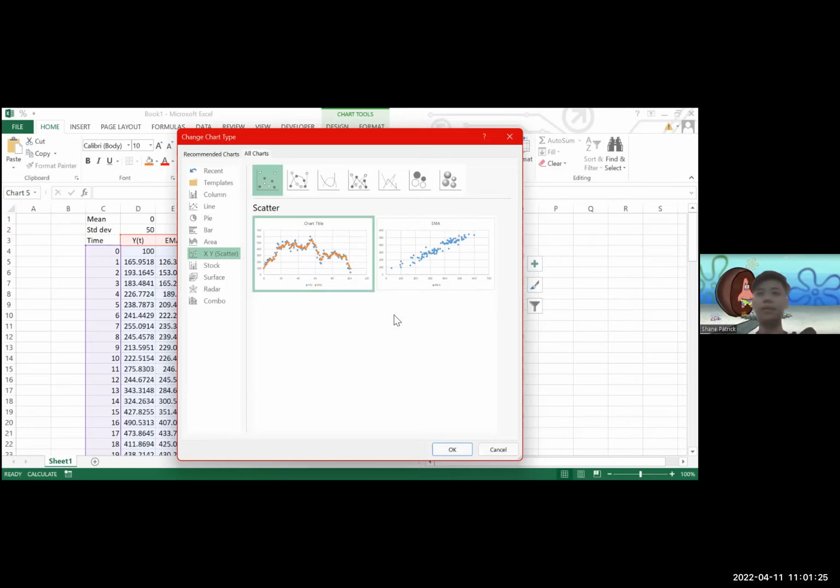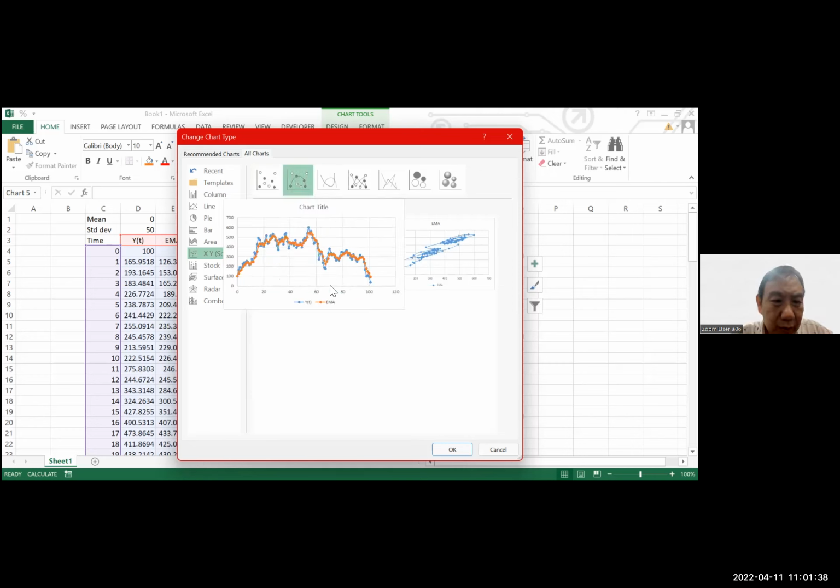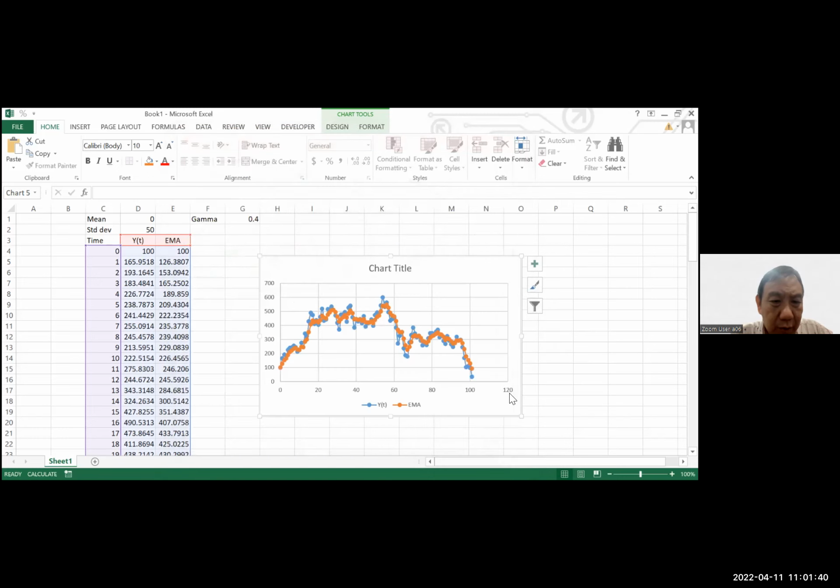So make it into a line, not just dots. Okay, that one, good. Click OK. Make it larger so that you can see.